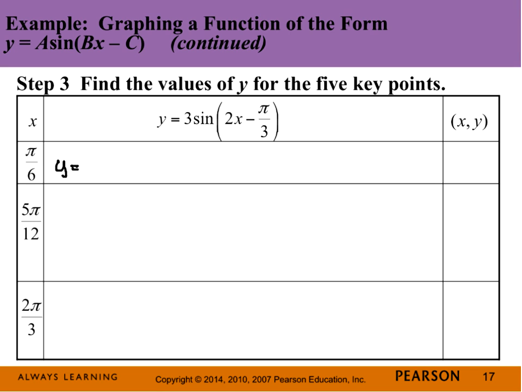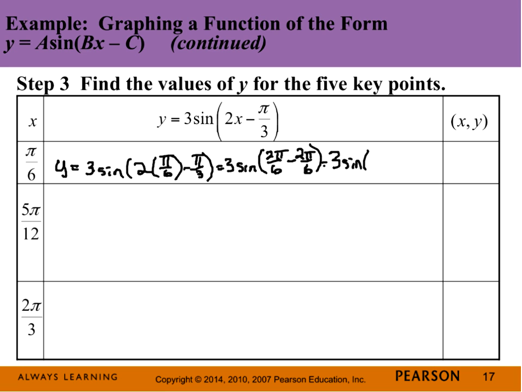So we have y equals 3 times the sine of 2 times pi over 6 minus pi over 3, and that equals 3 times the sine of 2 pi over 6 minus, in my head I'm going to multiply that pi over 3 by 2 over 2, so that's minus 2 pi over 6 for the sake of room here.